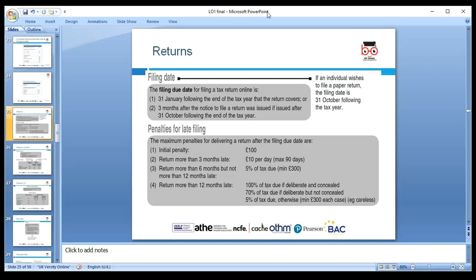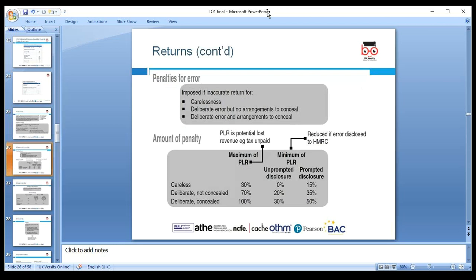Okay, then the return. We know the 31st deadline and all the details about penalties if we don't submit it: maximum careless penalties, and unprompted disclosures if you don't do it.